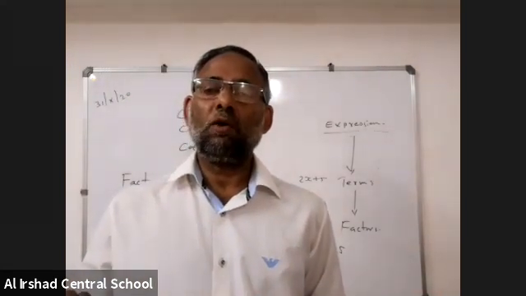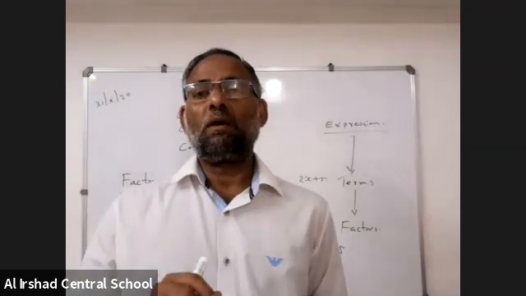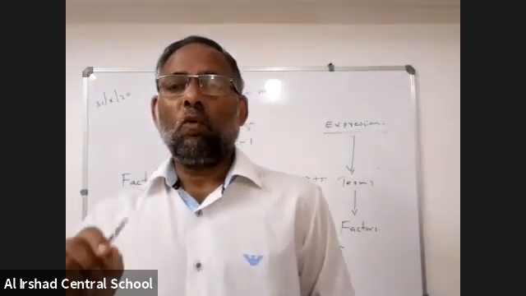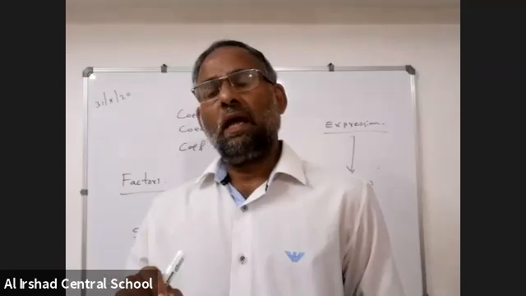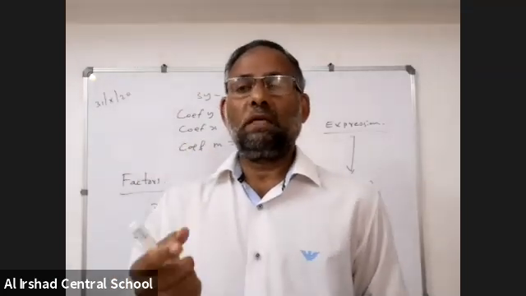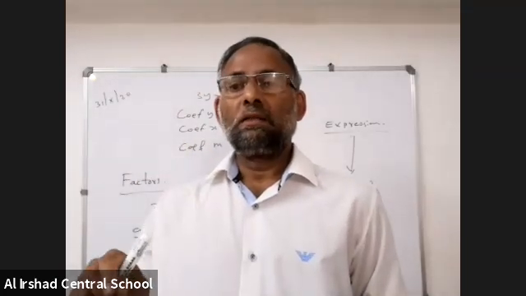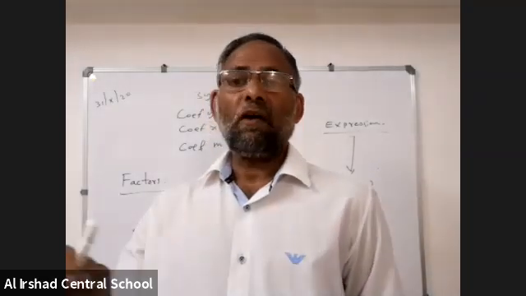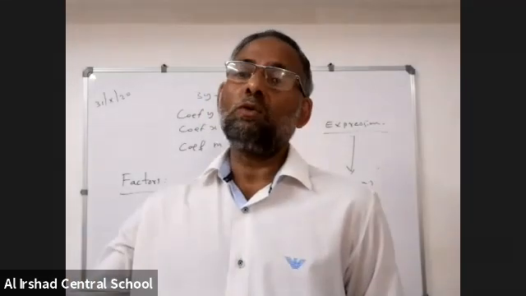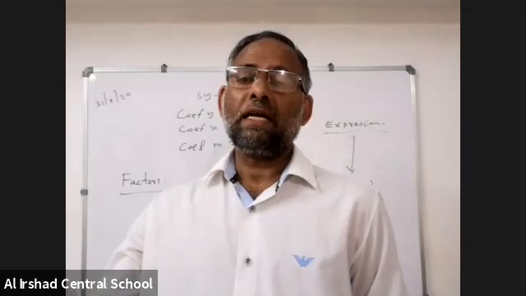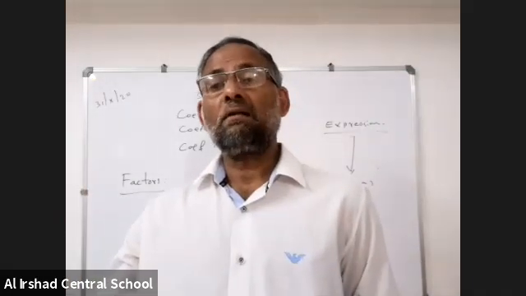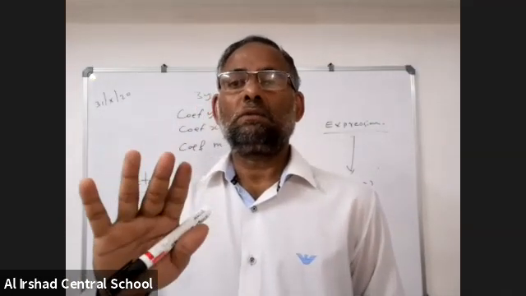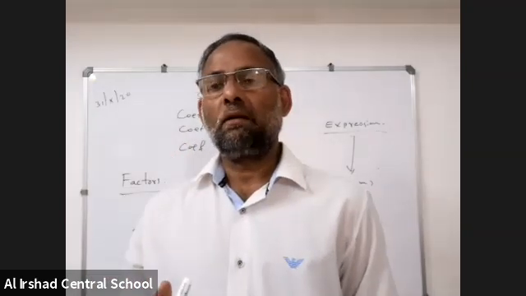ABC is a monomial. 5x is a monomial. In an algebraic expression, one term is called monomial and two terms is called binomial. 3x minus 2, 5m minus or plus 2, 10x minus 100. Two terms, that is binomial.